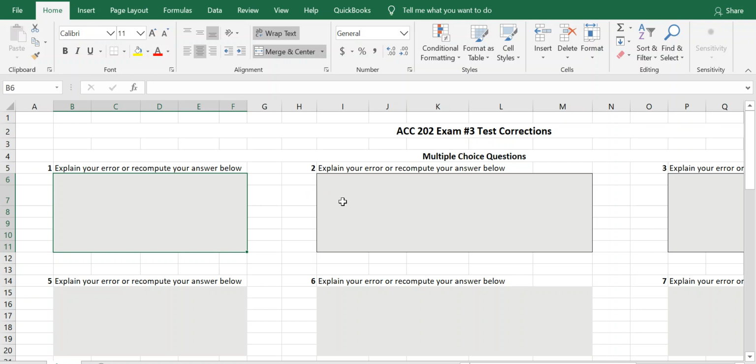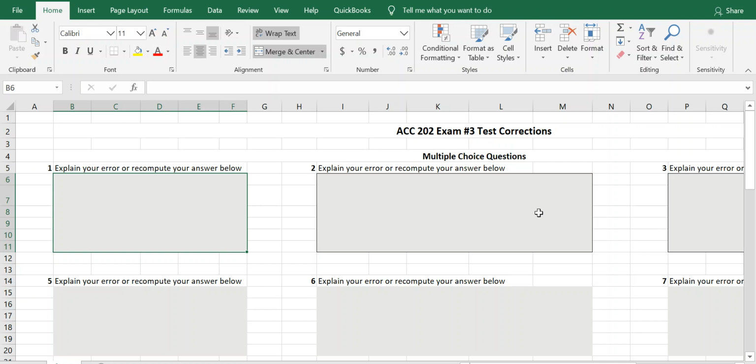If you had a calculation, you explain what was wrong with the calculation and how you need to calculate it, or you can just show the new calculation and say this is what the calculation should be. If it's a calculation problem, that's a little bit more straightforward. With a conceptual question, you're going to have to explain a little bit more about that.